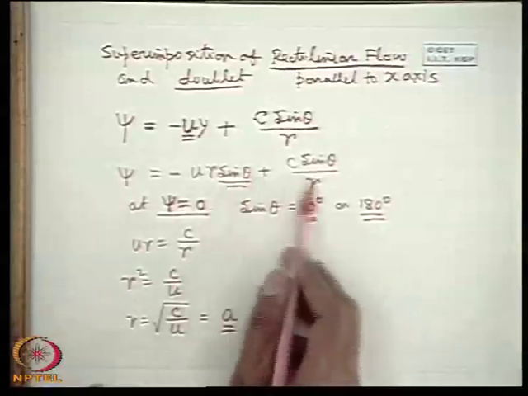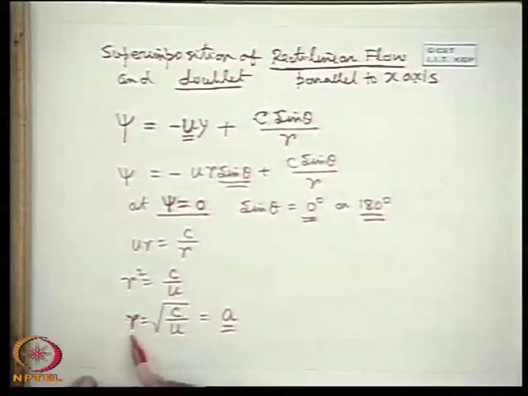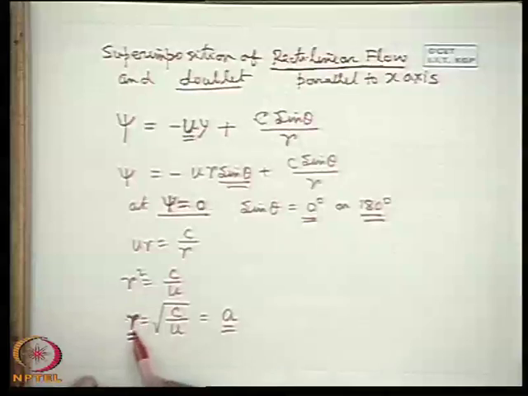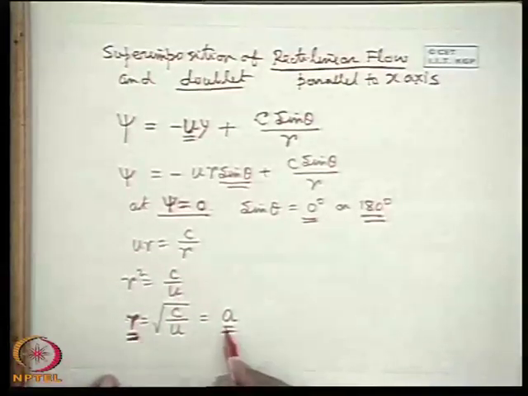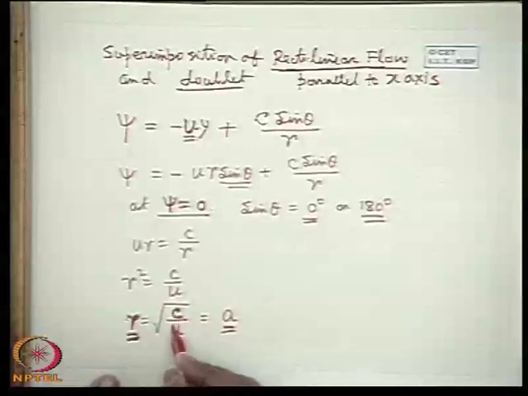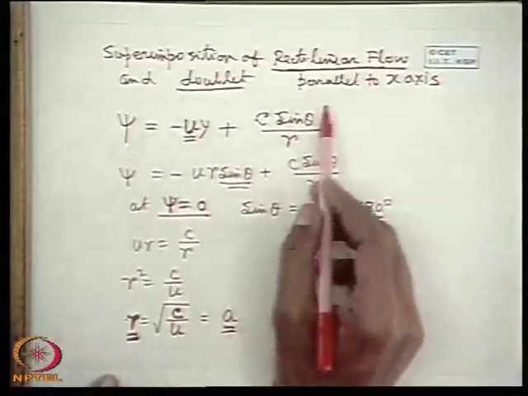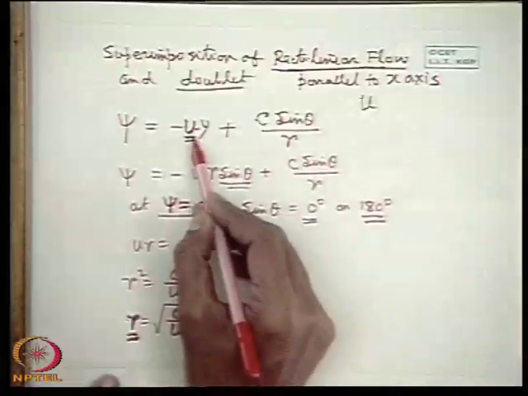That means for all values of theta, psi equal to 0 is obtained along points whose radial coordinate r, or radius vector r, is constant, because c is a constant for the doublet and u is constant because, for the rectilinear flow, the velocity u is constant and parallel to the x-axis.